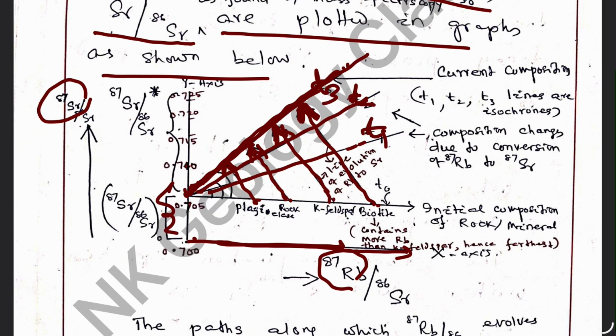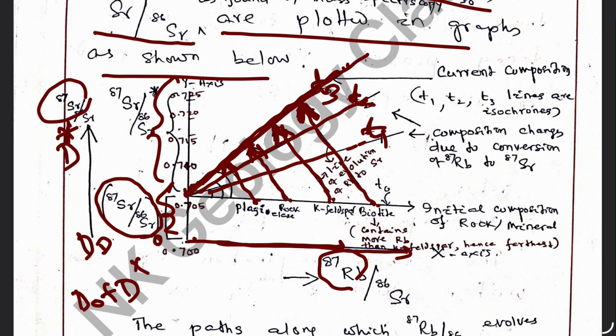This value is the value of strontium 87 to strontium 86, and it is the initial composition D0. This is D0, the original daughter element present in the minerals or rocks, and this one gives the D star. So D0 plus D star give rise to the total D. So this is total D.